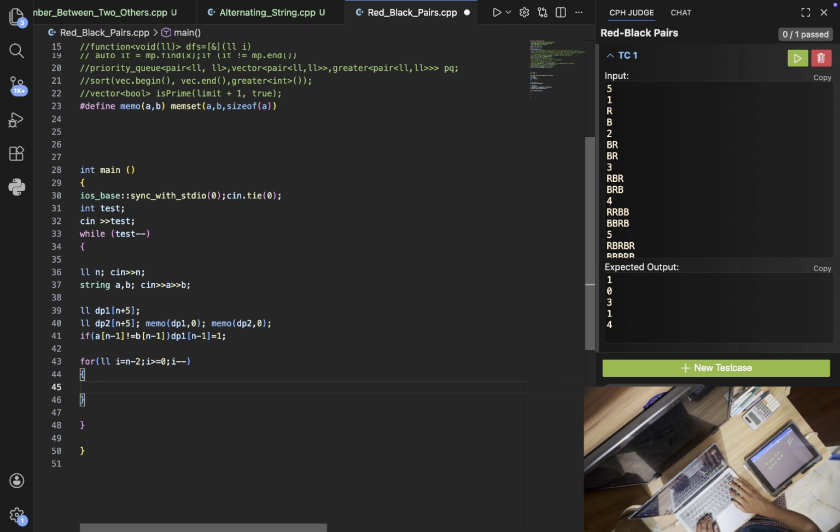Okay. TP1, one is those one. I'll just do this previous.